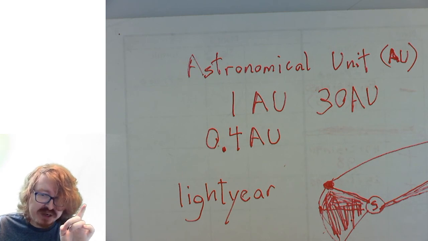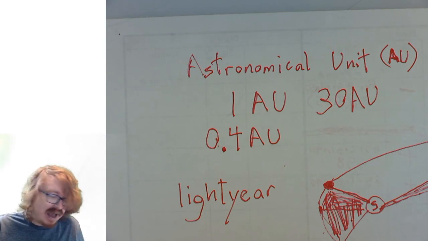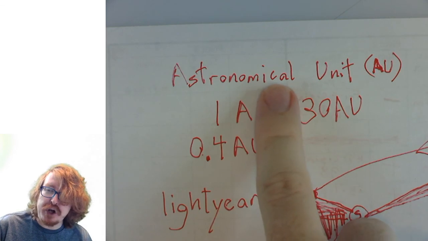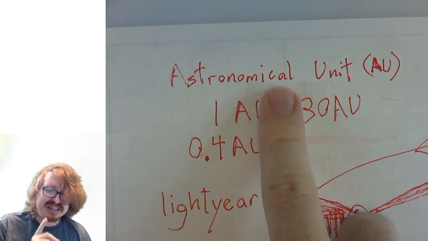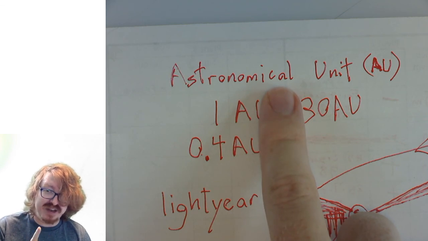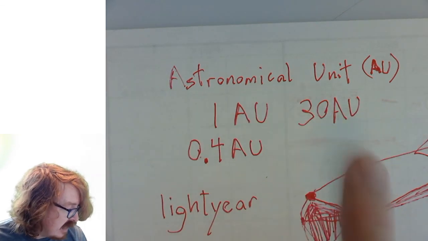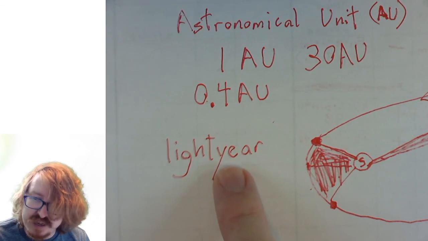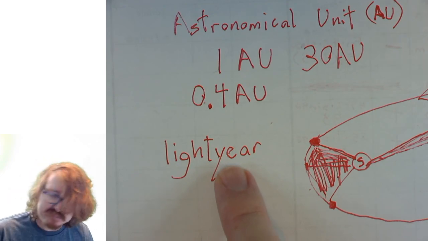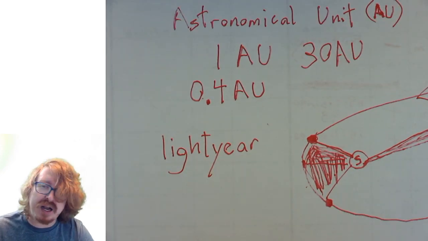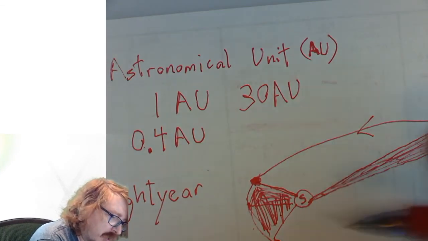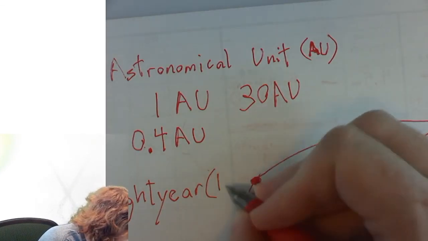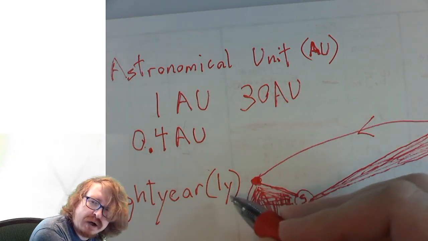Because I just said that light can go an astronomical unit in 8 minutes, because it takes 8 minutes to go to us from the sun, right? And if it takes 8 minutes to go an astronomical unit, a light year must be very, very big. So keep that in mind. If we want to talk about distances inside the solar system, we use this. And outside the solar system, we use this. 1 light year. That's LY. Okay.